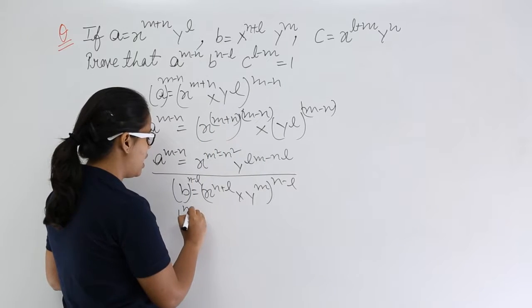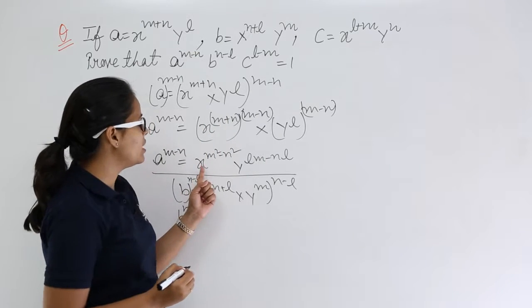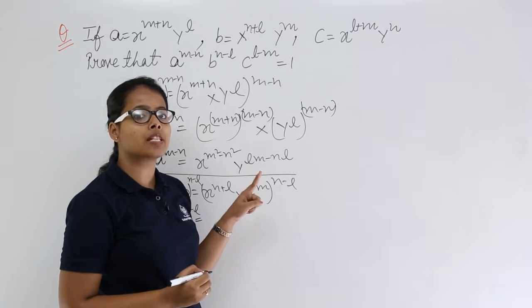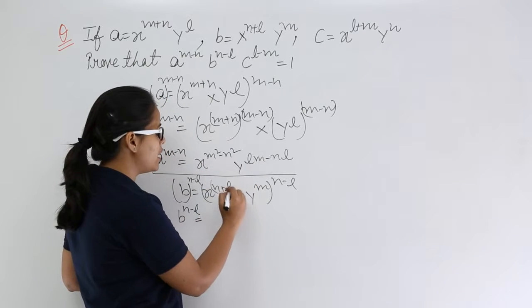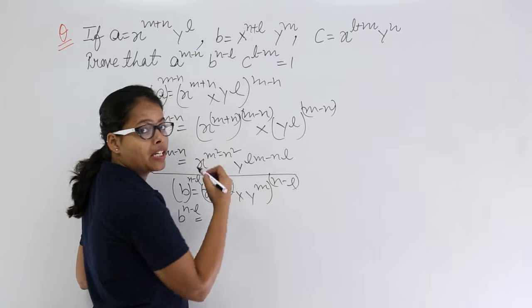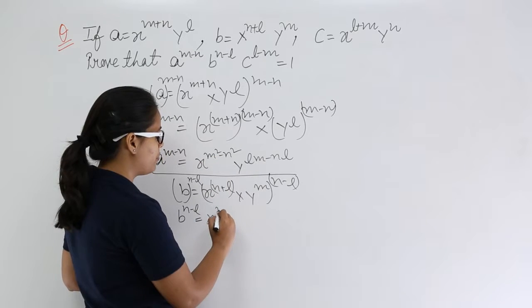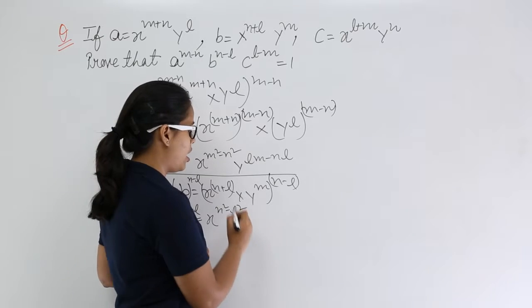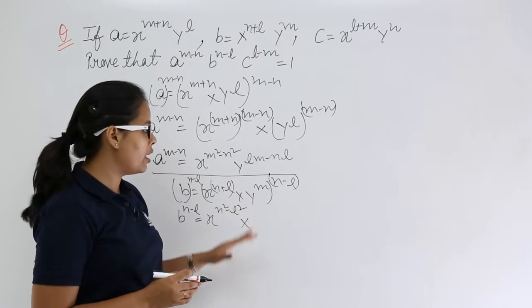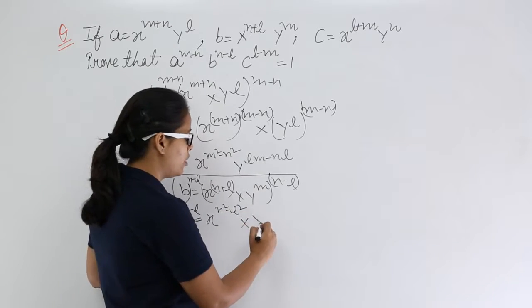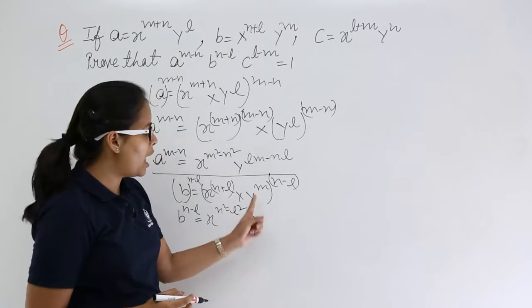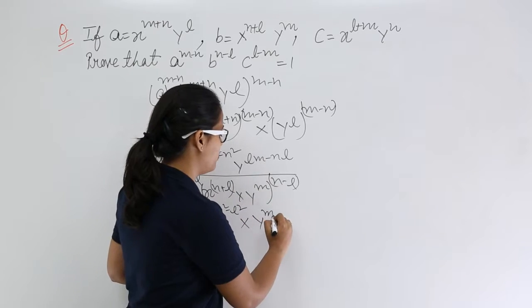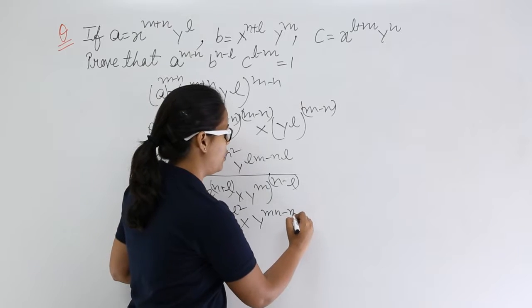I'll directly write the answer, which will be x to the power n square minus l square, since here it is n plus l and n minus l. I hope there should be no problem in observation. In case of b, the power on y will be m into n minus m into l.